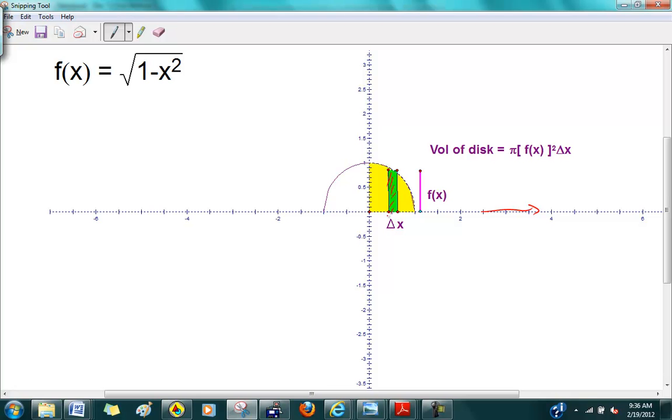As you can probably imagine, if I want to rotate this about the x-axis, I'm actually going to generate a cylinder whose height is f(x), whose radius is going to be delta x.